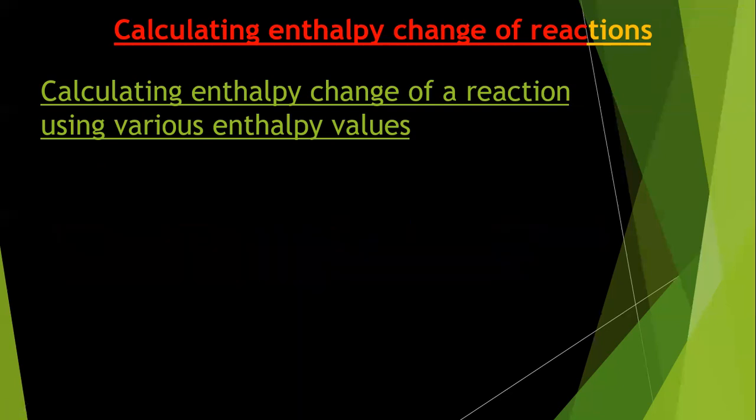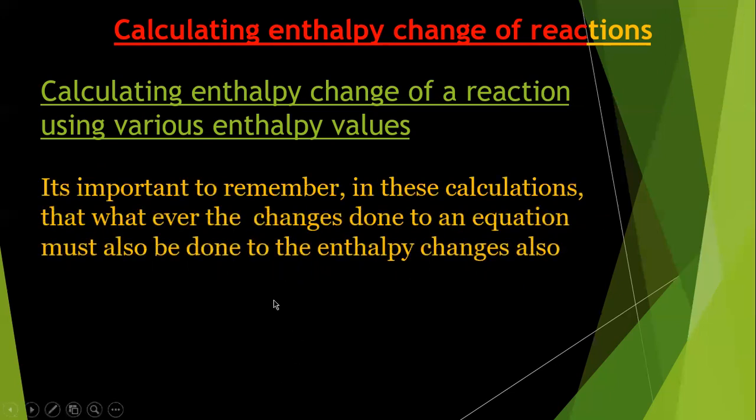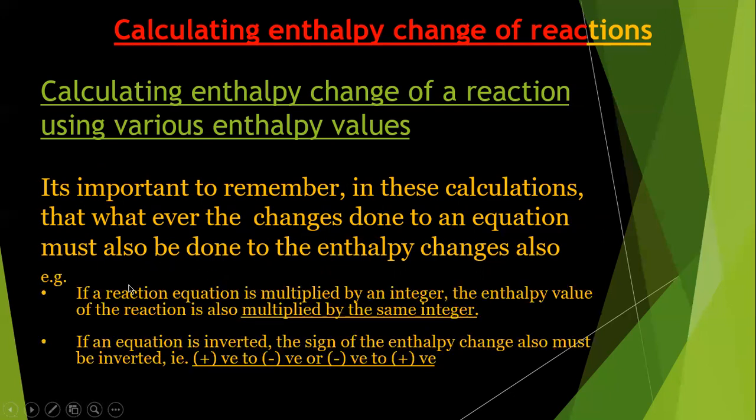If I talk about it with more details, we'll read this first. It is important to remember in these calculations that whatever changes are done to an equation must also be done to the enthalpy changes also. It means if a reaction equation is multiplied by an integer, the enthalpy value of the reaction is also multiplied by the same integer.